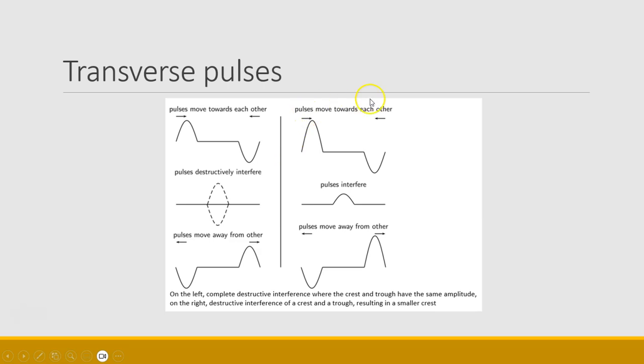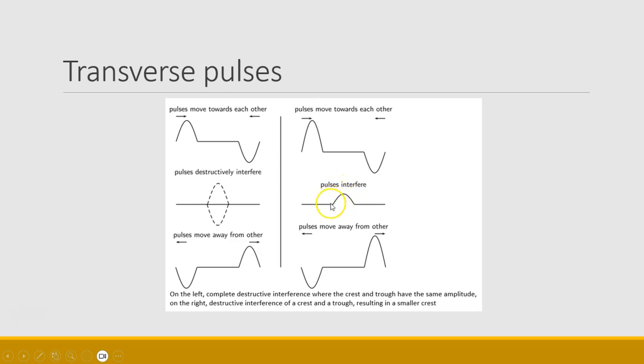This is an example of destructive interference where the crest is larger than the trough. So let's say that the value of the crest is 5 meters and the value of the trough is 3 meters. Positive 5 minus 3 gives us 2.